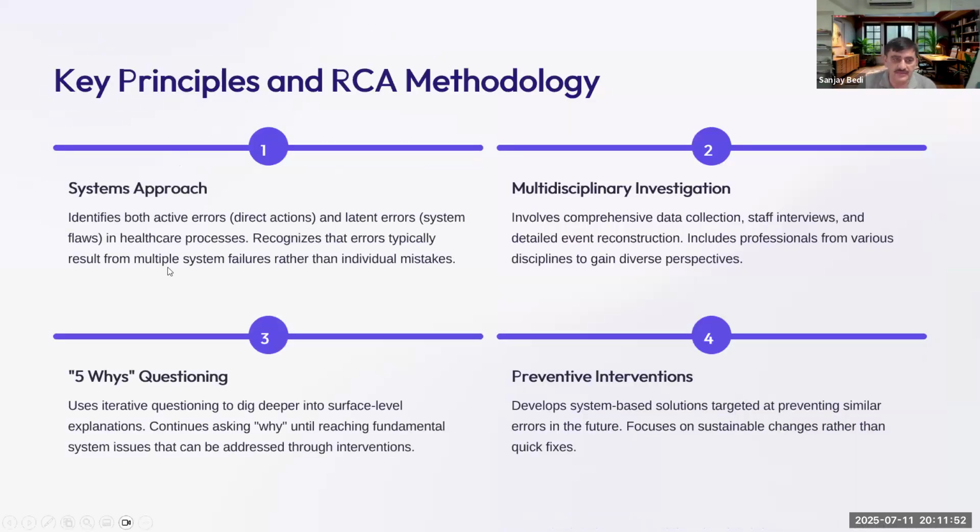So there are four approaches. One is the systems approach, and in this we identify the errors, the direct errors, and some kind of a latent error, the system error, and find out if this system error results in multiple failures rather than individual mistakes.